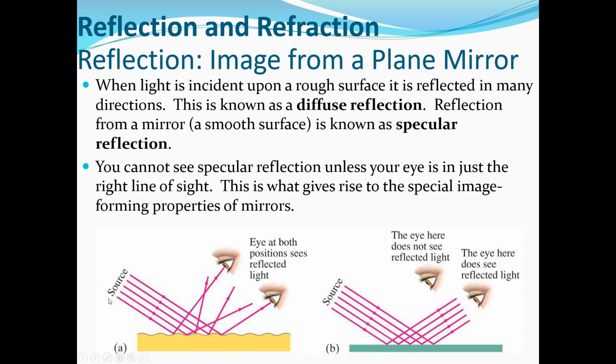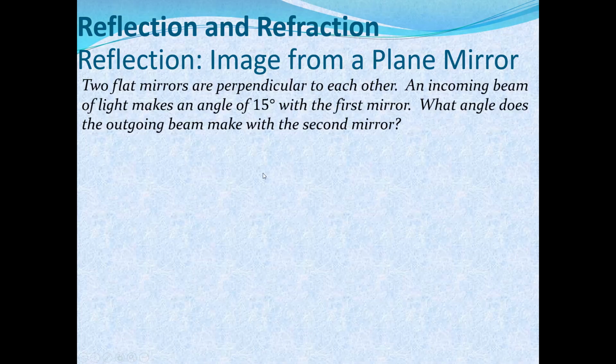This is why a lot of times you can see shadows that were reflected off of non-smooth surfaces, but you won't see colors and images unless the surface gets close to being fairly smooth.